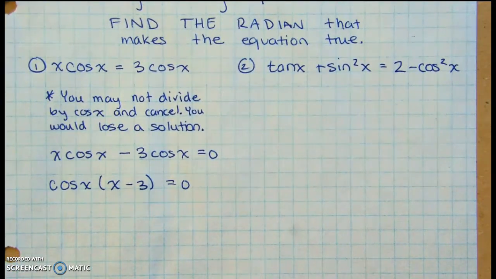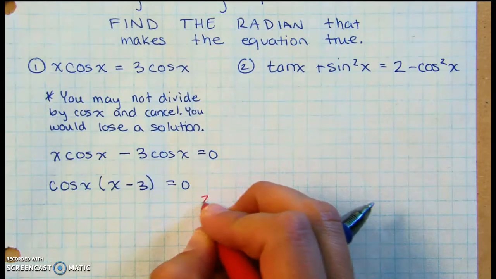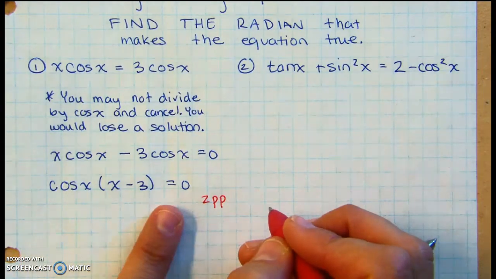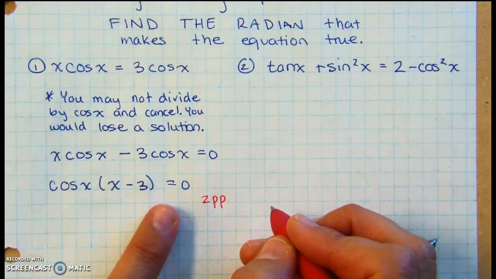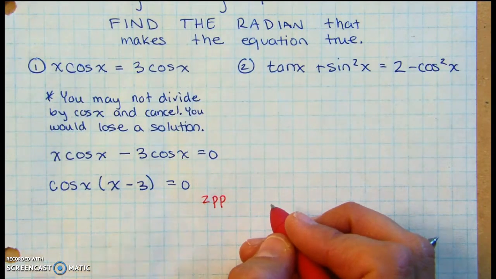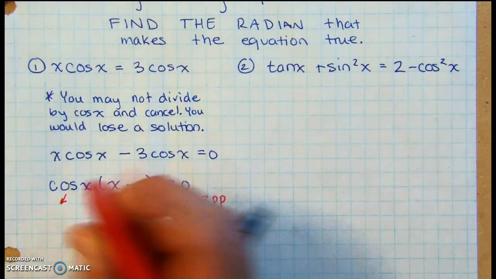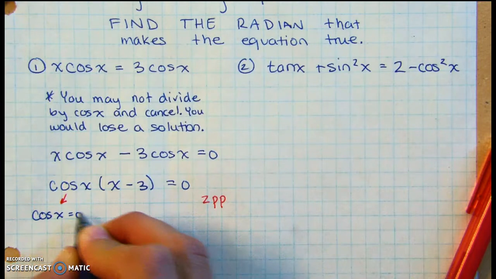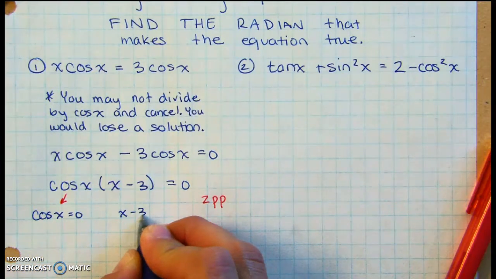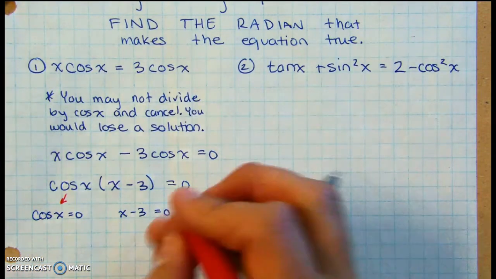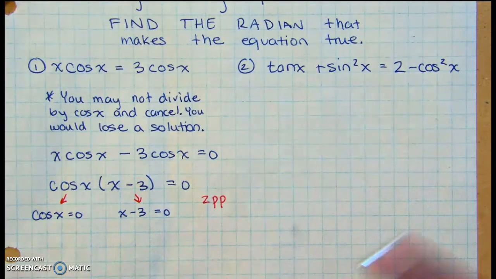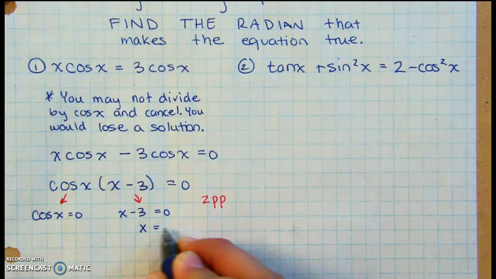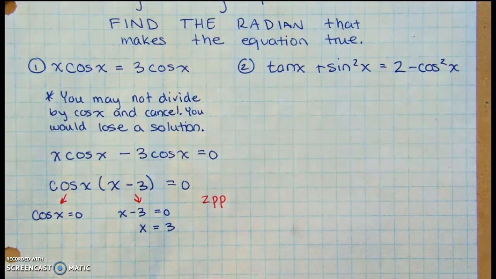Zero product property says if you have two things being multiplied equal to 0, then each one equals 0. So cosine of x equals 0, or x minus 3 equals 0. Let's do this easy one first. If x minus 3 equals 0, then we solve for x, and x equals 3.